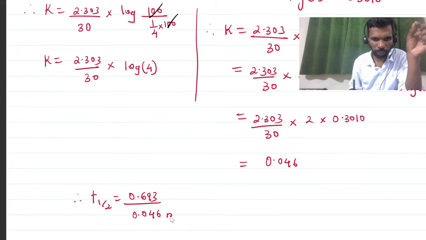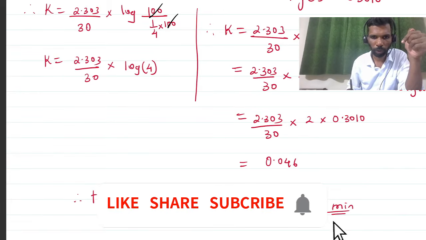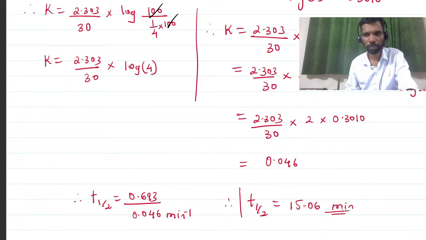The unit of this is per minute. Therefore, T half, when you solve this, the answer comes to 15.06 minutes, because numerator denominator it goes to numerator. So this is the answer.